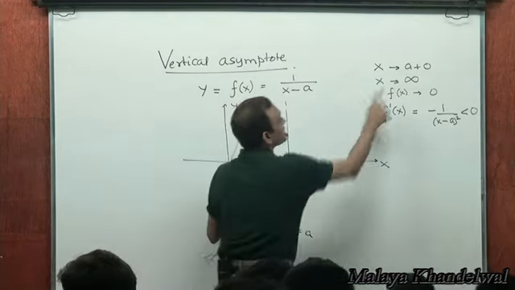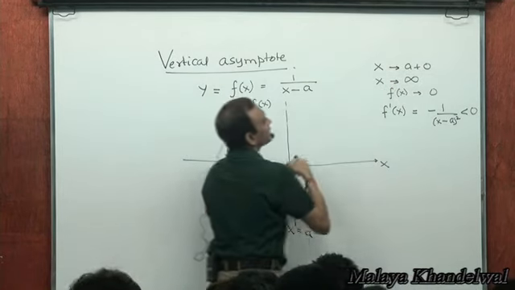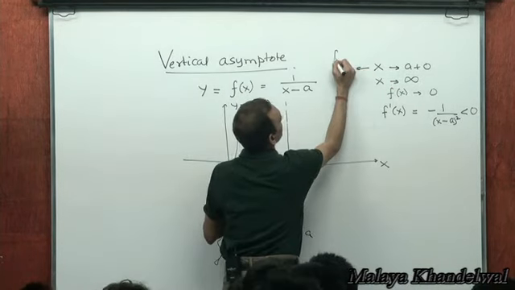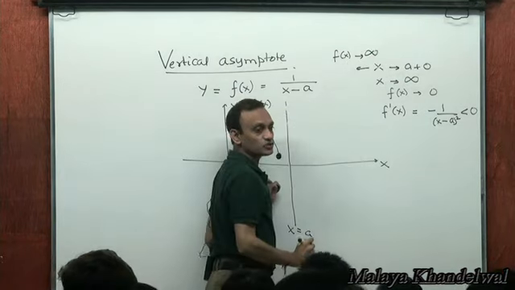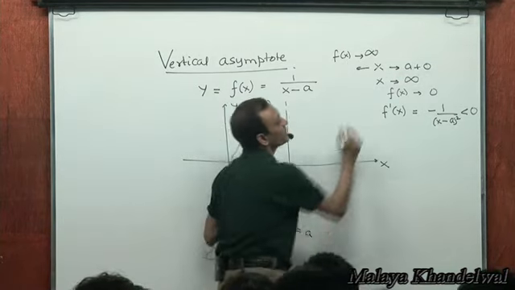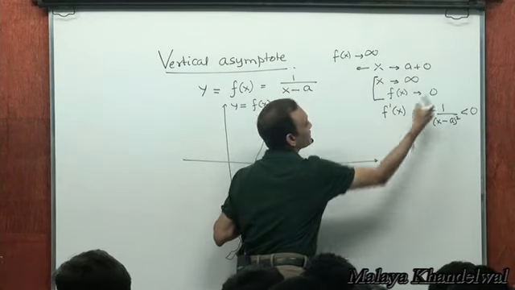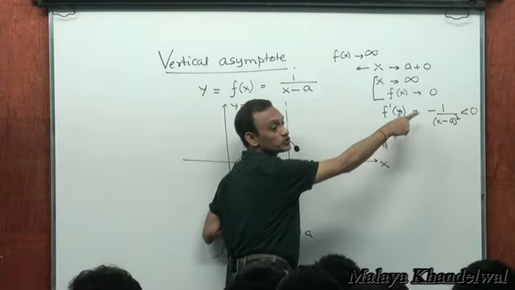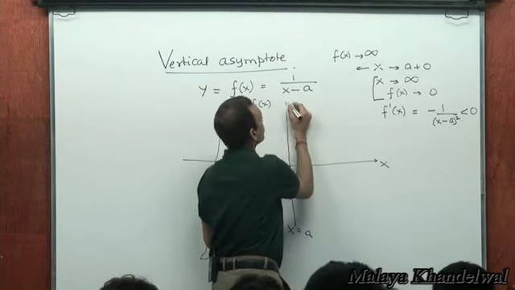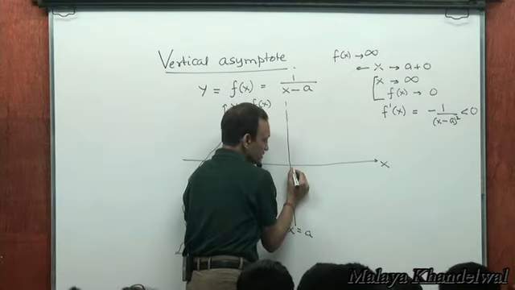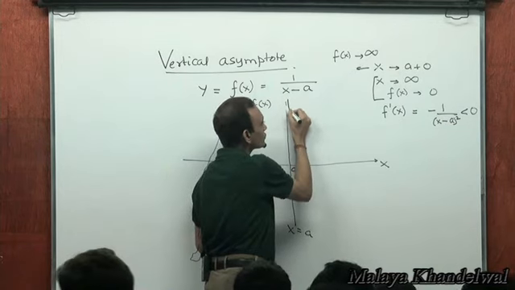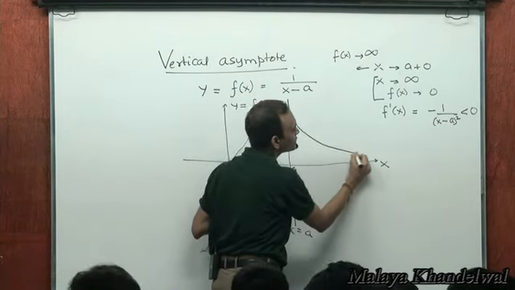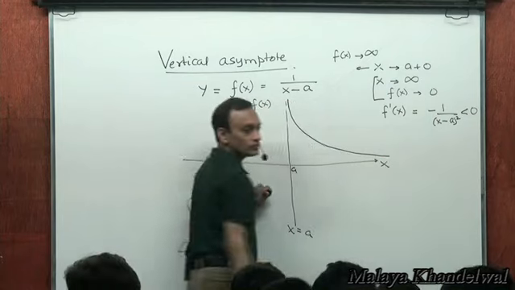So now, as x tends to a from the greater than a side, f(x) tends to infinity. As x tends to infinity, f(x) tends to 0, and the function is continuously decreasing. Therefore, as x tends to a, f(x) tends to plus infinity, and as x tends to infinity, f(x) tends to 0.